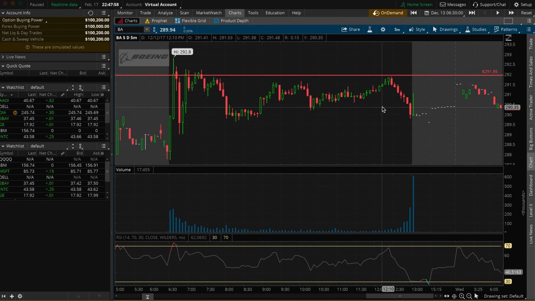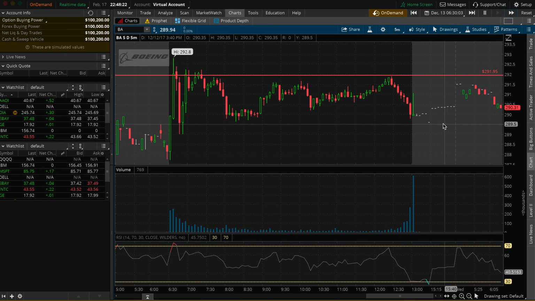All right. So we have our support and we have our resistance. We're going to be looking to see which way this goes at the open. Is it going to go towards our resistance, or is it going to go towards our support? The first candles are going to be very important, and I'm going to explain why once we go through.